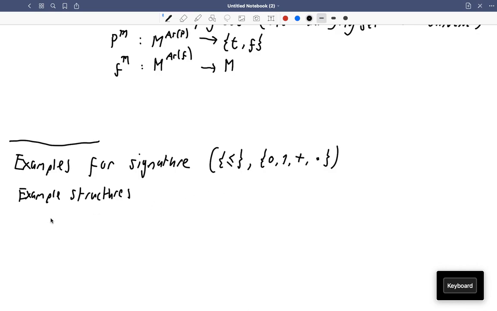Let's give the structure itself a name, let's call it curly N. This would have underlying set the natural numbers, an interpretation of less than or equal in the natural numbers, and interpretations of 0, 1, plus and times in the natural numbers.